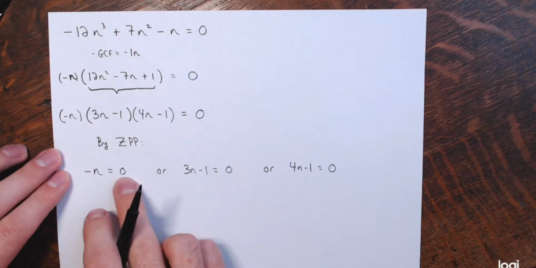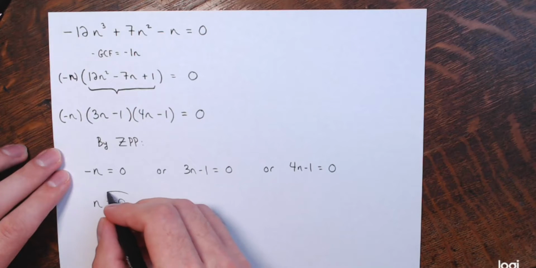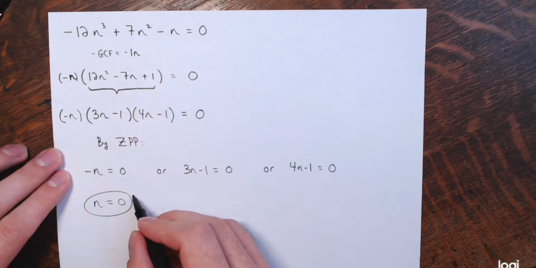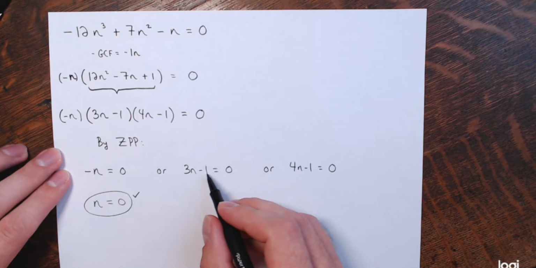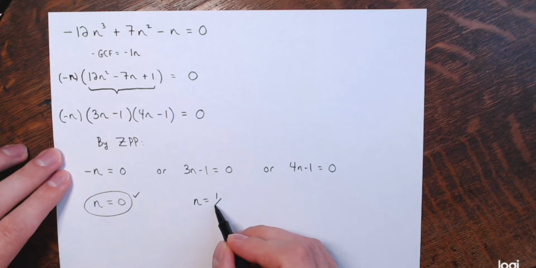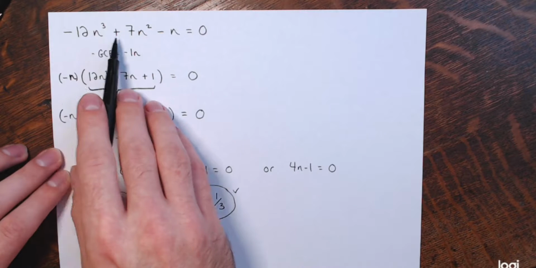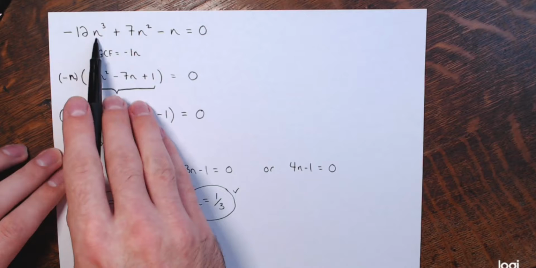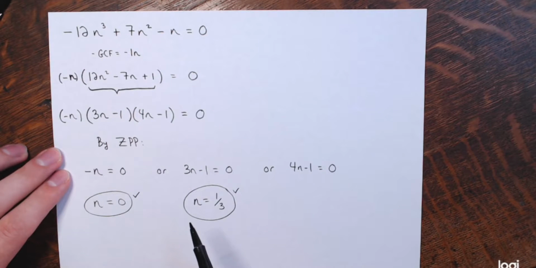Here, just dividing by -1, get n equals 0, which is obvious. 0 plus 0 minus 0 equals 0. That works. Solving this one, add 1, divide by 3, n equals 1/3. And again, check it, I'll leave the fractions to you. I don't feel like doing that here, but if you replace all the n's with 1/3, the original statement should be true.